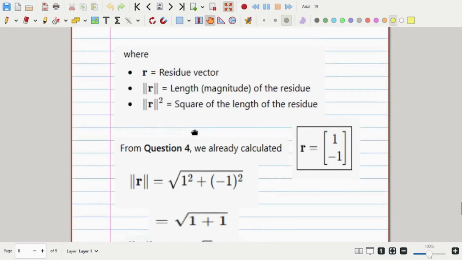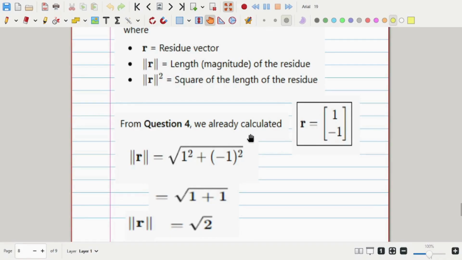In question 4, we have already calculated the residue, and the residue is a column vector with first entry 1 and second entry minus 1. Now calculate its length. Its length is calculated by the square root of first entry square plus second entry square.